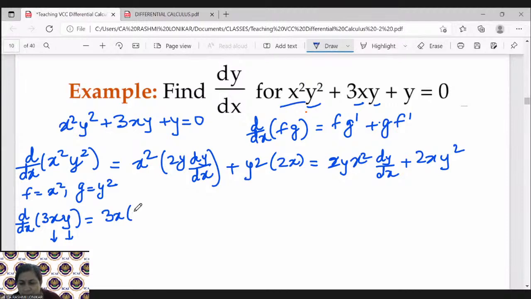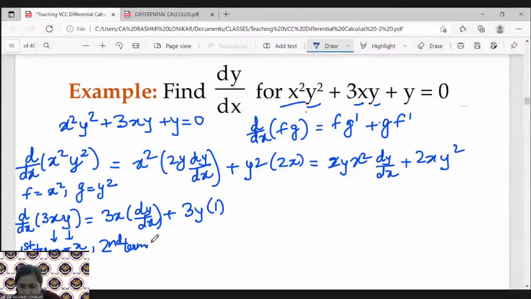Derivative of y will be dy by dx, plus 3y into the derivative of the first term. First term is x, so the derivative of x will be 1. Okay. So here the first term is equal to x, and the second term or second function is equal to y.